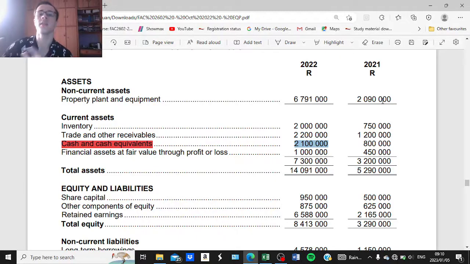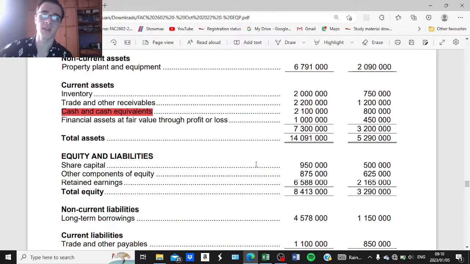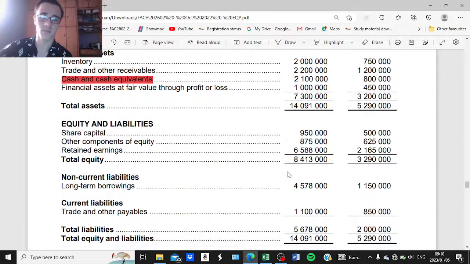And logically, the closing balances of the previous year will form the opening balances for the current financial year. So these balances are as at the 1st of October 2021, just carried down from the end of the previous year, which was on the 30th of September 2021.